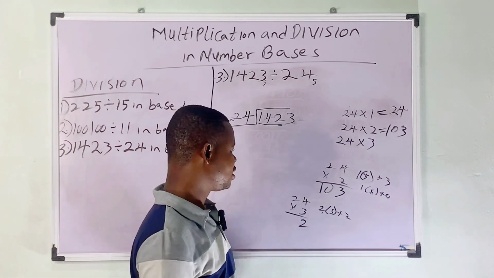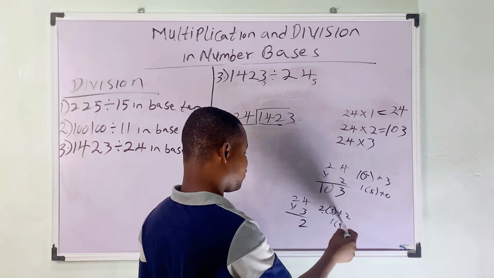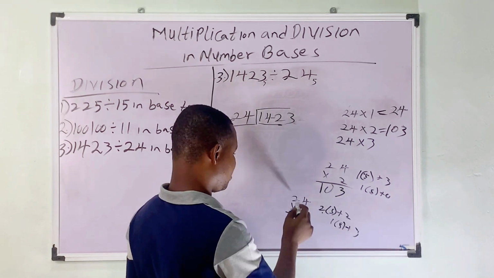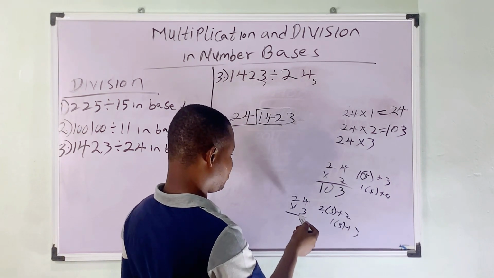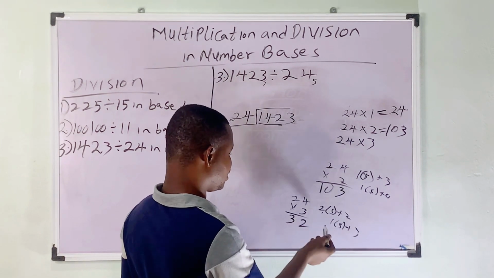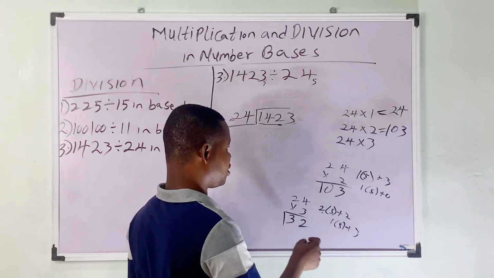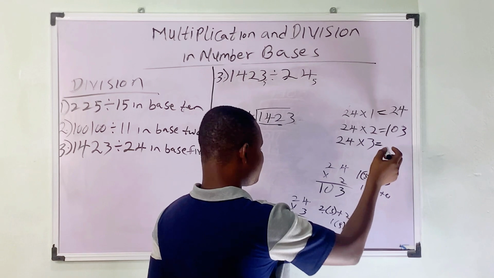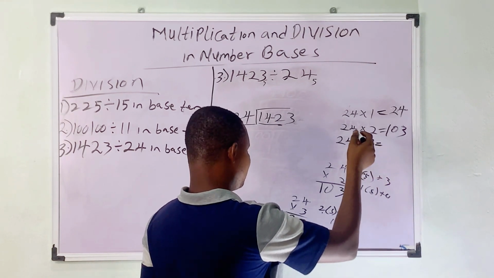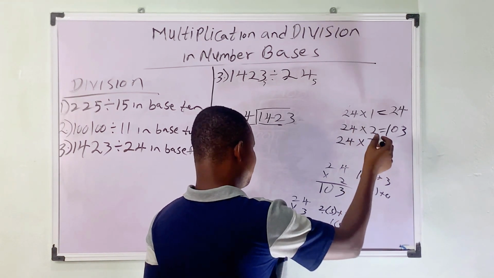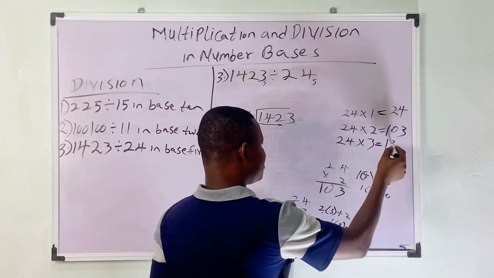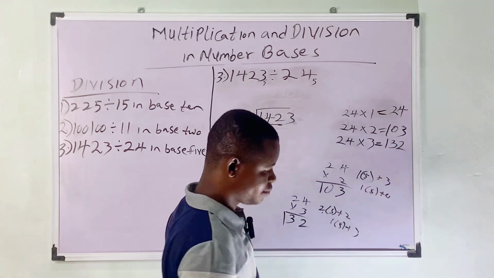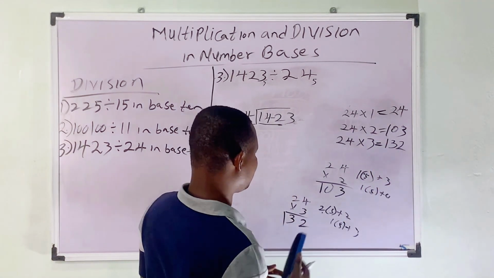Plus this 2, 8. That shows we have one set of 5, remainder 3. Then we write 3. Since that's the last operation, we bring all of it down. Well, that means 24 times 3 in base 5 will be 132.